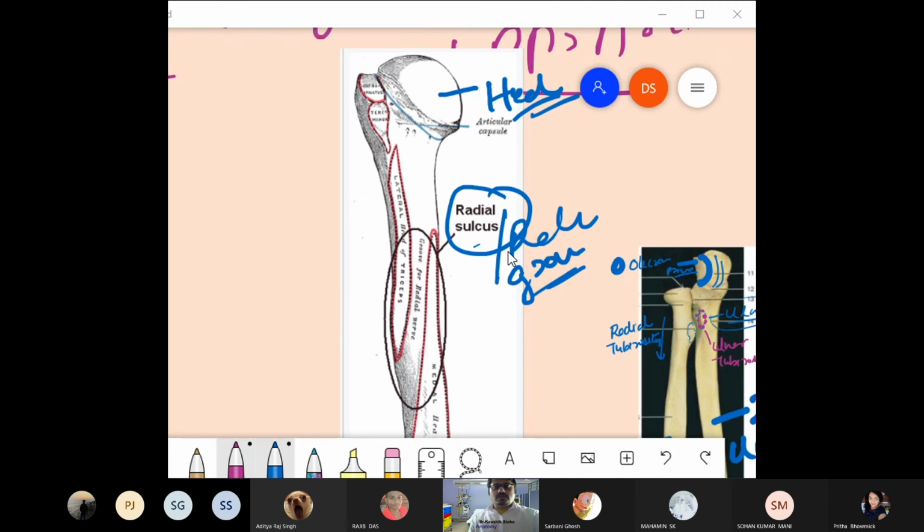Any doubts? If there be, then please raise your doubt. Clear? Yes. So all the three muscles of the anterior compartment, as well as the only one muscle of the posterior compartment, are now clear in the first half of today's class.